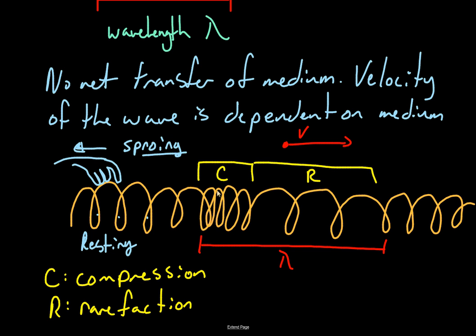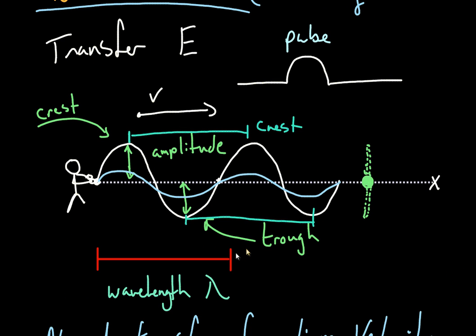And I forgot to actually mention that. So, names of the types. This is called a transverse wave. And the thing about a transverse wave, just make a note of this, is that the medium is displaced perpendicular.